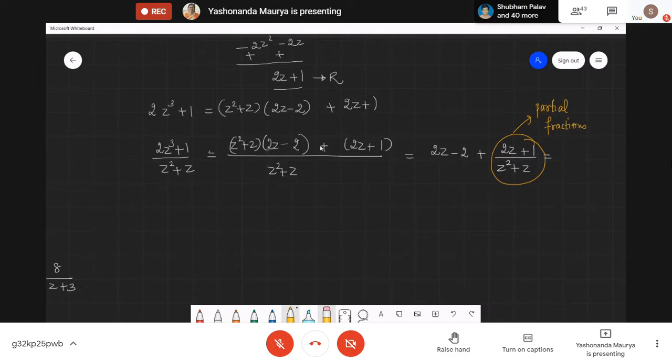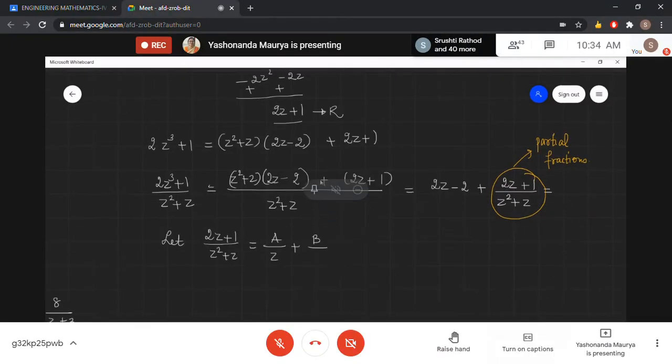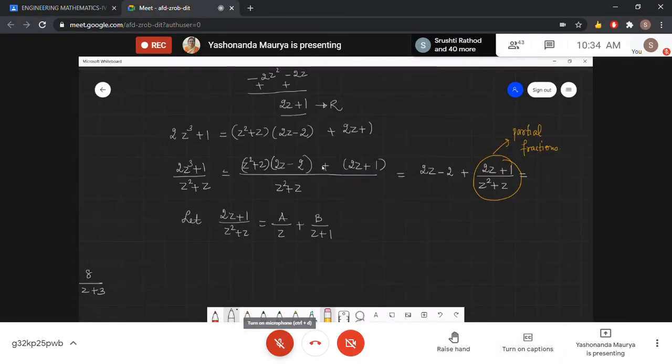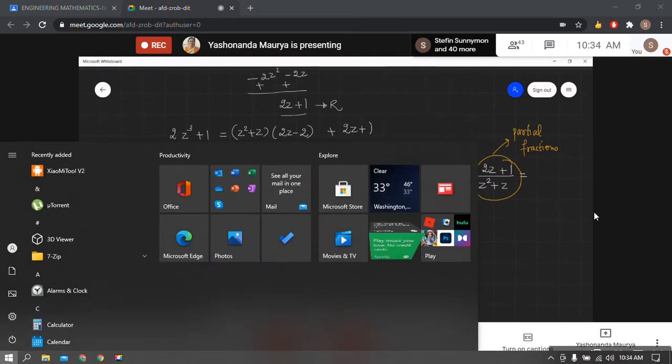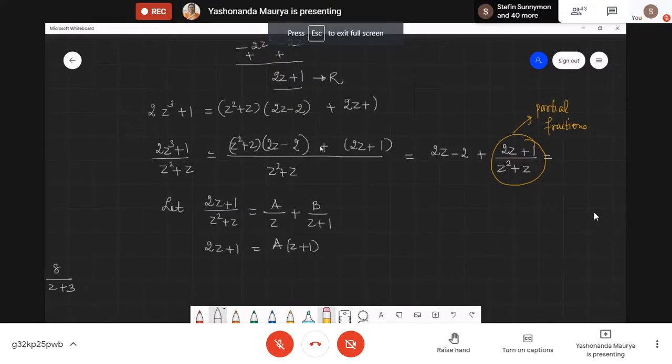Okay, so what do we get here? Let 2z plus 1 divided by z square plus z is equal to a upon z plus b upon z plus 1. So that is 2z plus 1 is a into z plus 1 plus b into z.